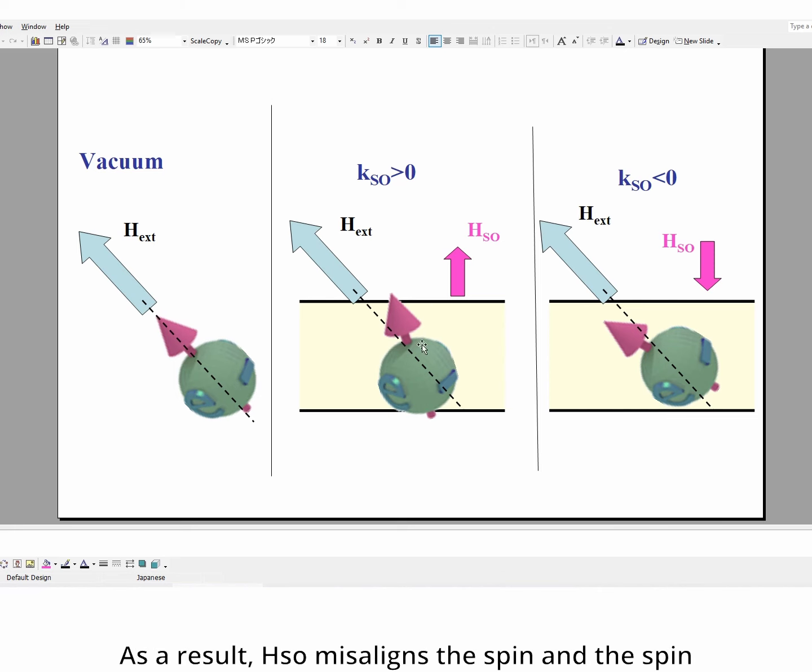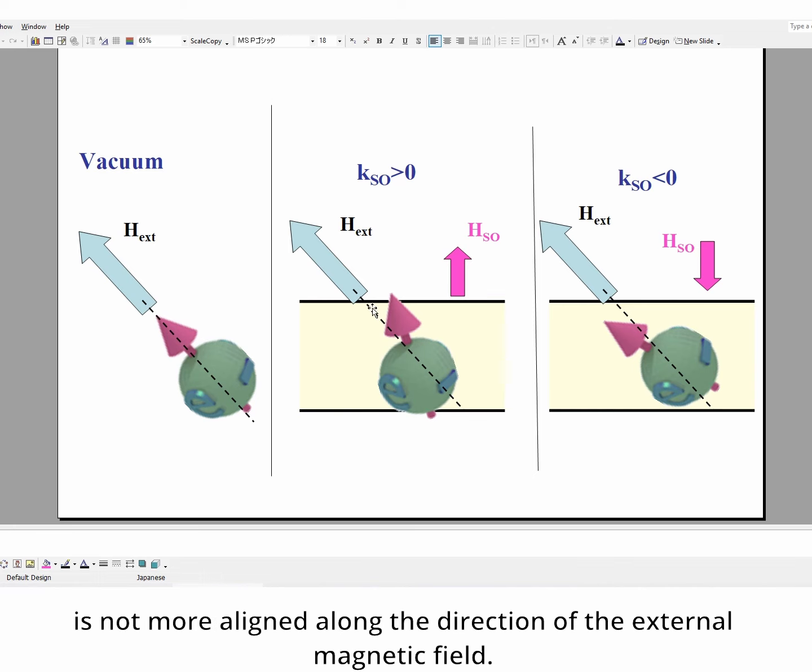As a result, the magnetic field of spin-orbit interaction misaligns the spin, and the spin is no more aligned along the direction of the external magnetic field.